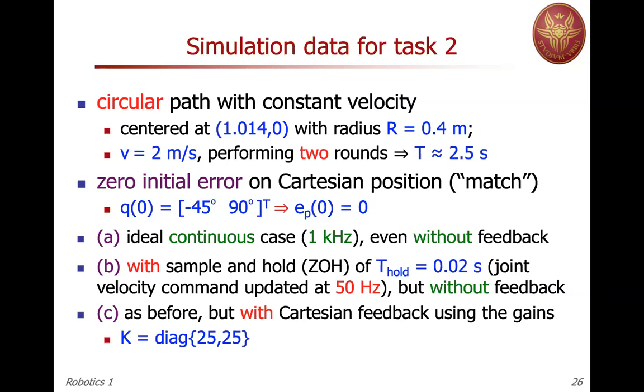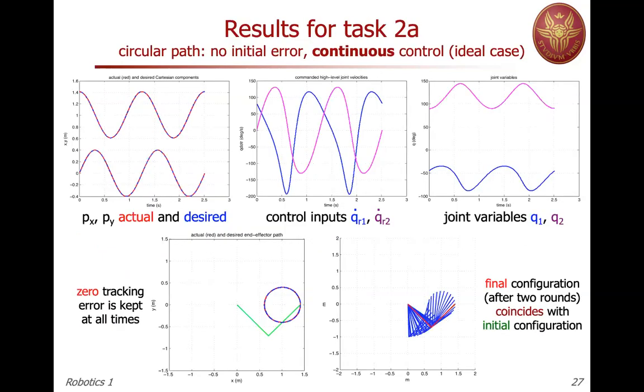So this is the duration of the whole command. And I'm not using feedback again. What happens? And finally, same story with the delay or sample and hold, or the update at the realistic rate of the commands, but using Cartesian feedback with 25 and 25. We use a slightly bigger gain than before. Okay, so let's see the result.